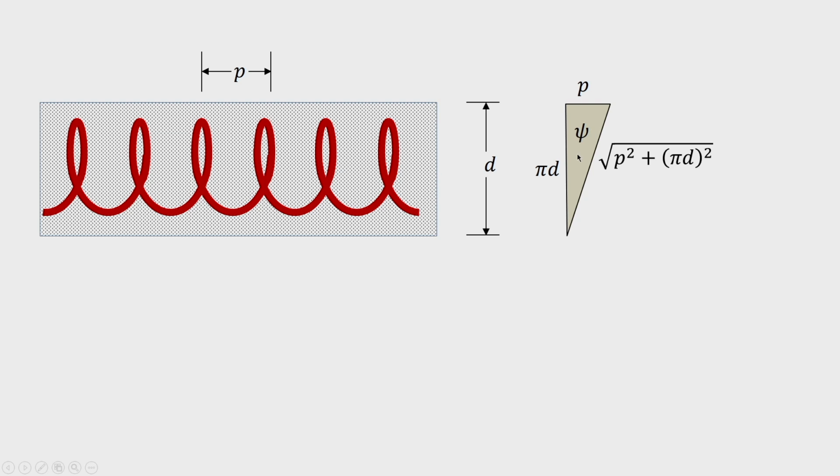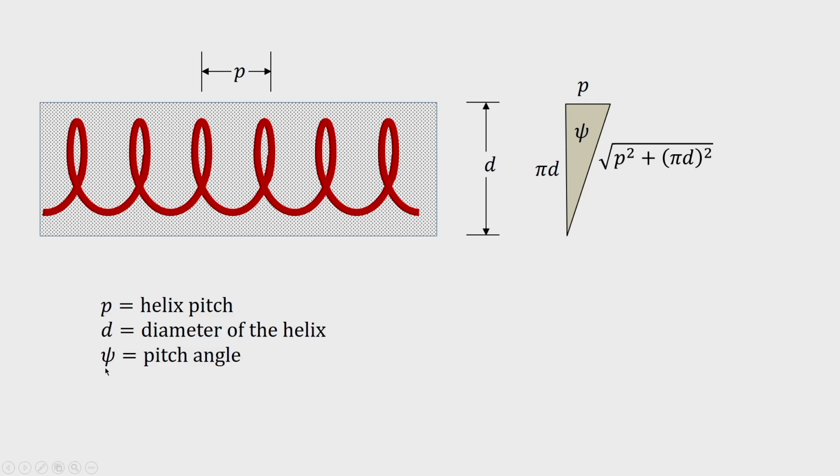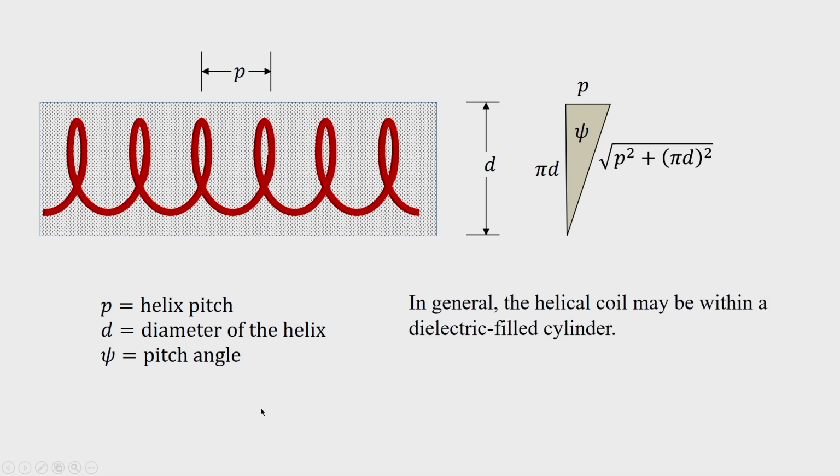So, we can write that the actual distance is the square root of p squared plus (pi d) squared. Here this angle psi is the pitch angle. Now, this helix structure may also be in a dielectric filled cylinder.